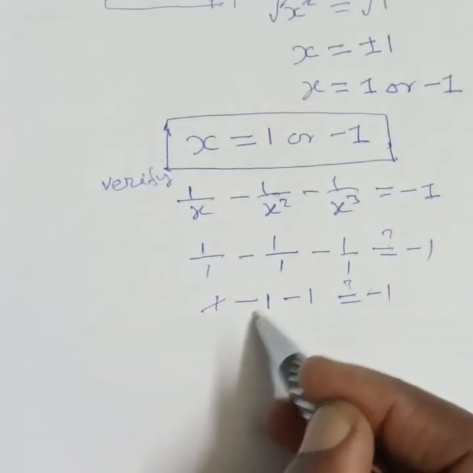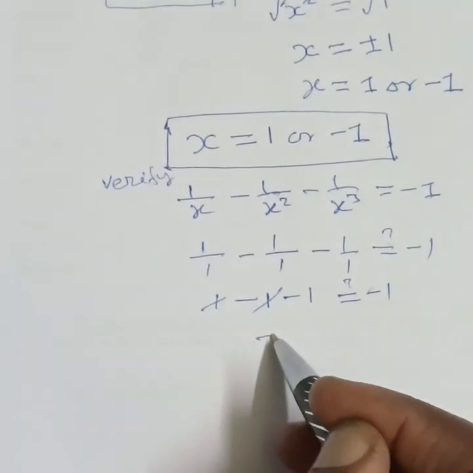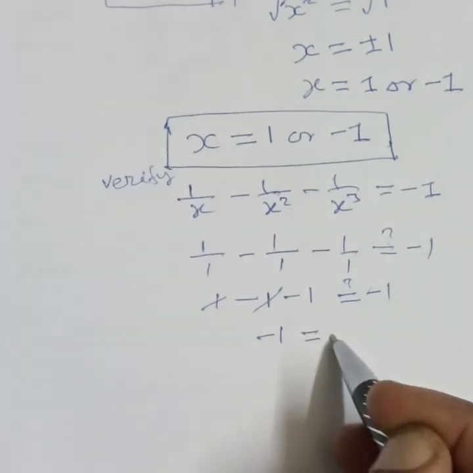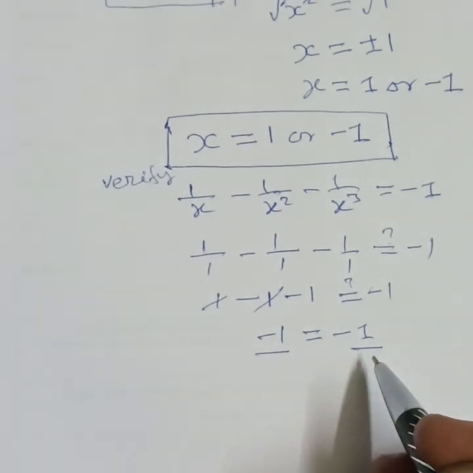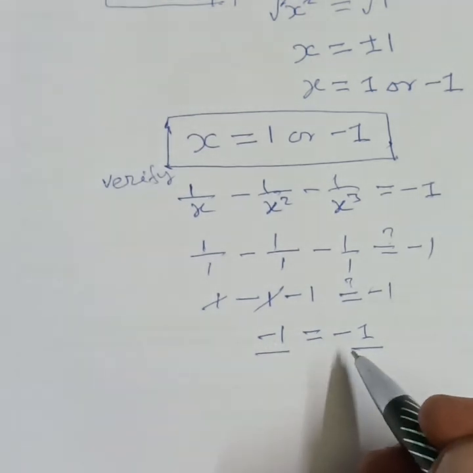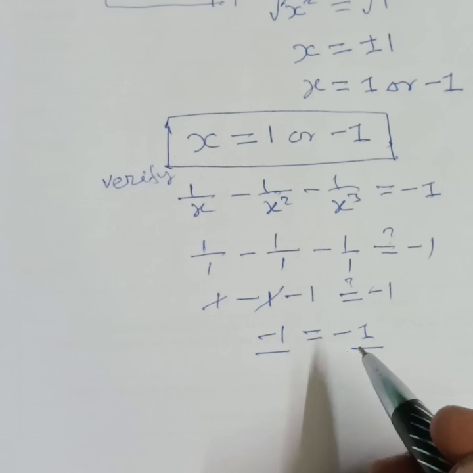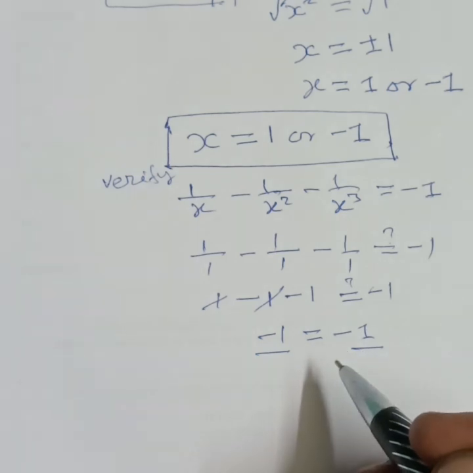This plus 1 minus 1 cancel, so here −1 is equal to −1. So left hand side, right hand side equal. So this value of x is correct.